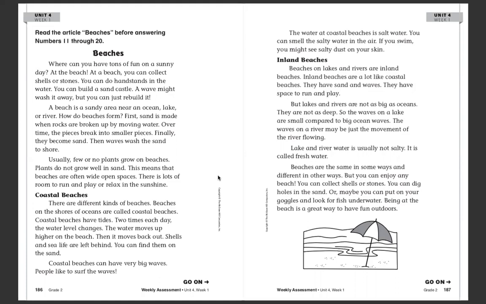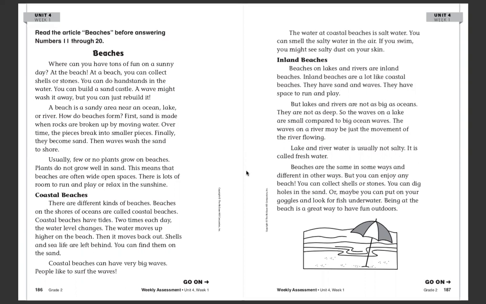When you are reading through the story, it would be super helpful to make a Venn diagram. I highly suggest it. On top of one bubble, you would write coastal beaches, and on top of the other bubble, you would write inland beaches. That way, when you're reading, you can write down how these beaches are the same.